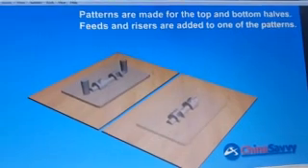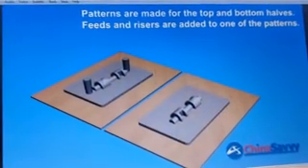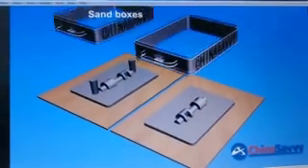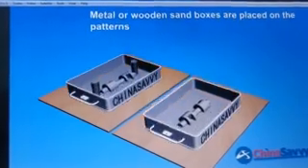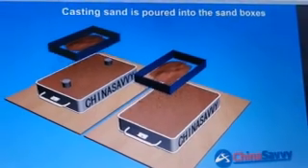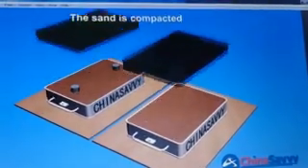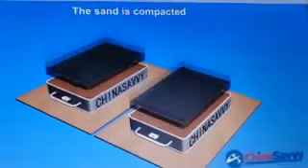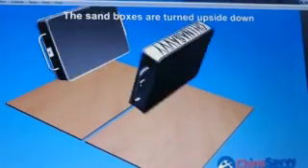You can see the patterns are made in two halves. The cope and drag being placed, that is the two halves of the molding flask. The sand being filled and rammed to make it compact. Then the cope and drag halves joined together and locking pins attached.